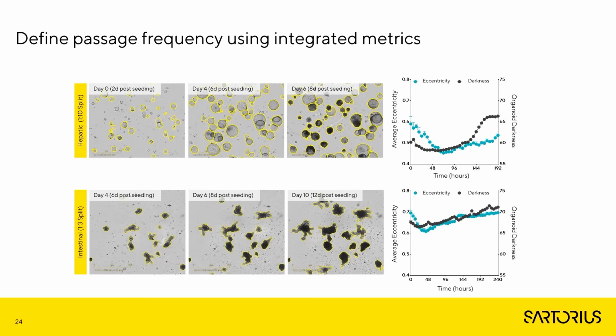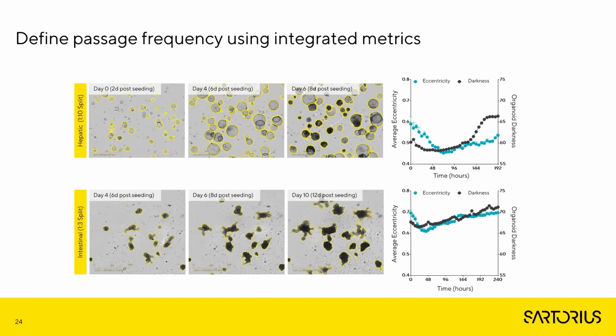Organoids have very much exceeded their passage window if the lumens of most of the organoids have darkened and many of them have collapsed, so this day 6 image. This is borne out in the time course, where at day 6, so that's 8 days post-seeding, you can see a marked increase in the darkness metric and an increase in the eccentricity metric as collapsed organoids become less round.